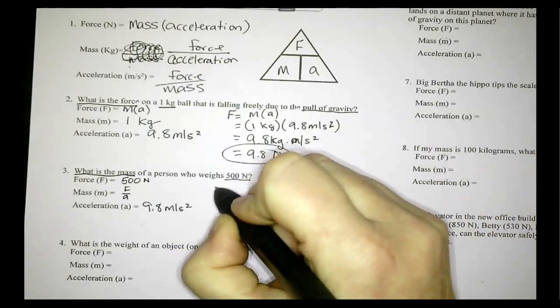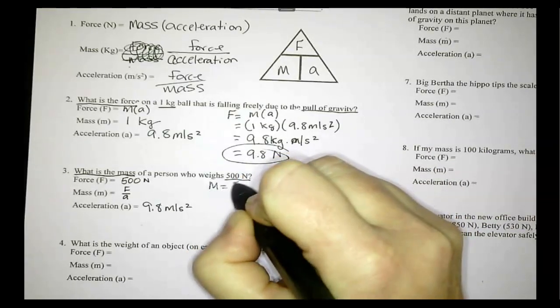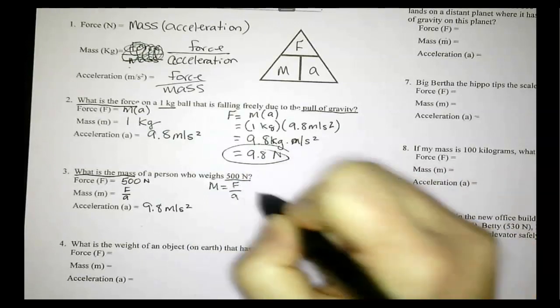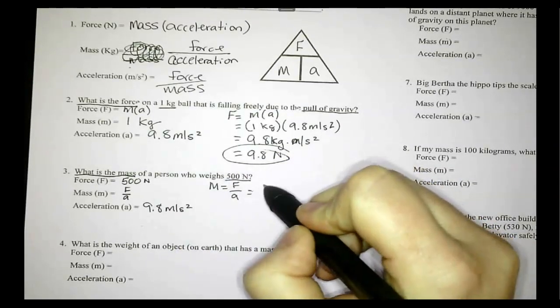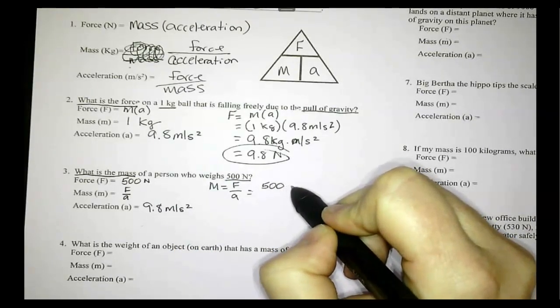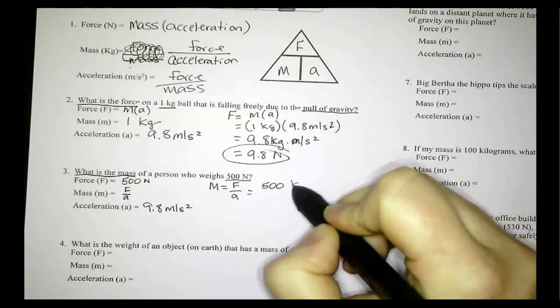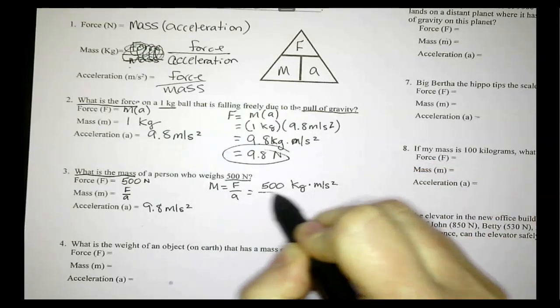All right. Coming over here, my next step is to rewrite my formula. Mass is equal to force over acceleration. And I'm going to plug my numbers in for my variables. So 500 newtons. But instead of writing newtons, I'm going to write this long form, kilograms times meters per second squared.